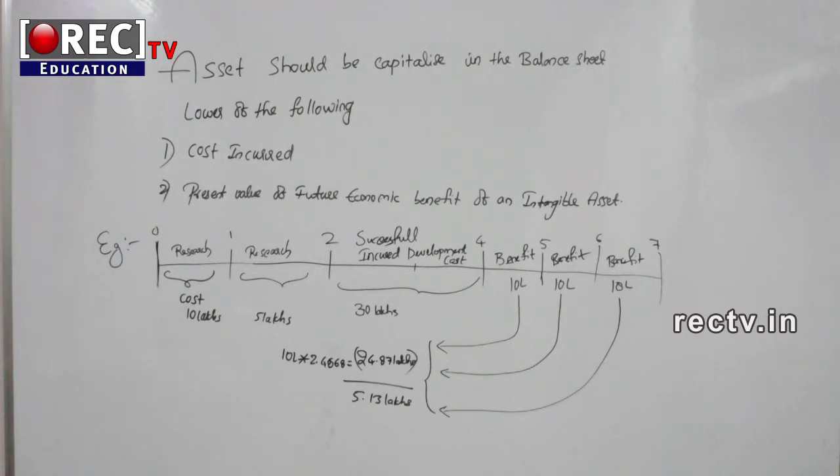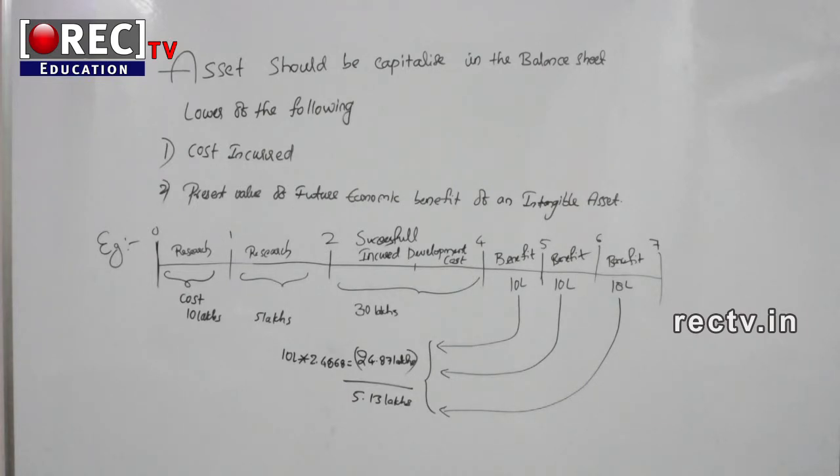Now you have to bring all the future economic benefits into the present, like we did in FM in the first group. So the fourth to fifth year we bring to the fourth year, and the fifth to sixth year we bring to the third year ending, and the sixth to seventh year also we bring to the third year ending.